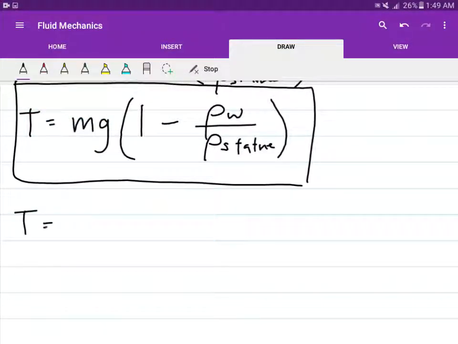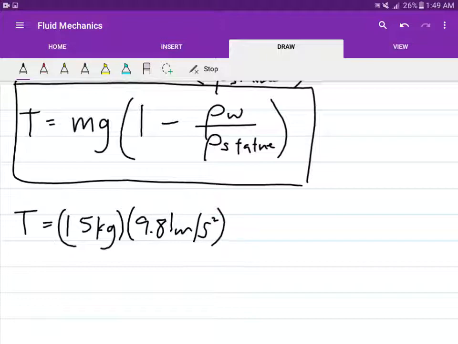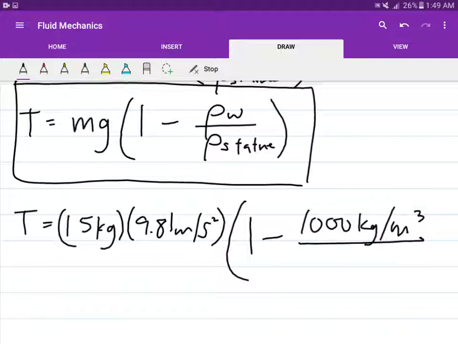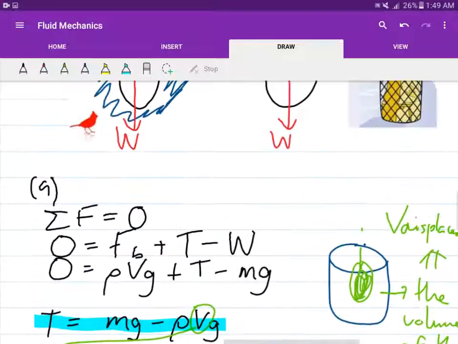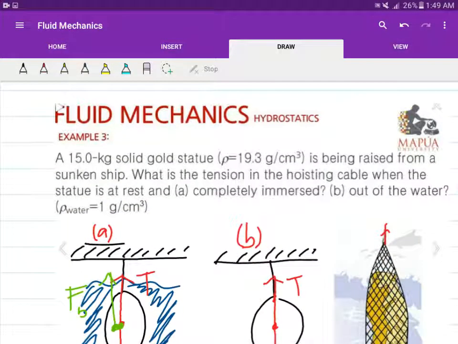So let us solve. T is equal to, mass of the statue is 15 kilograms times g times 1 minus density of water, which is equal to 1000 kilograms per cubic meter, over the density of the statue, which is equal to the density of gold.